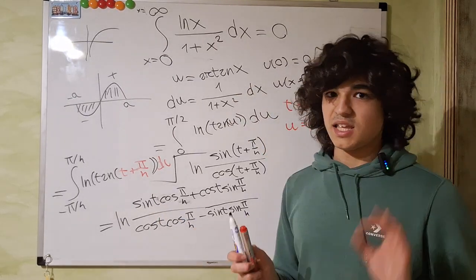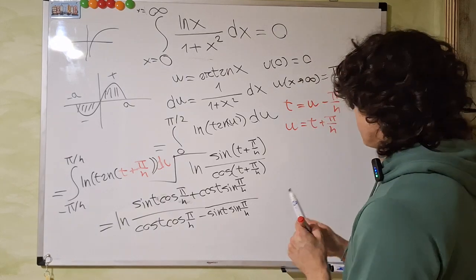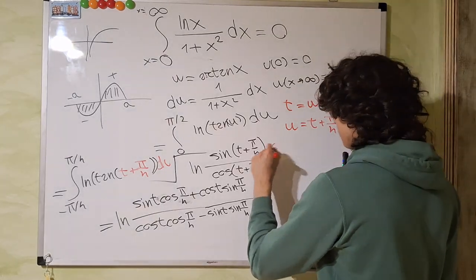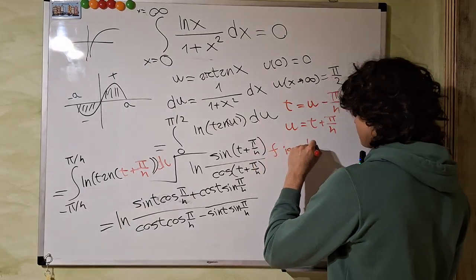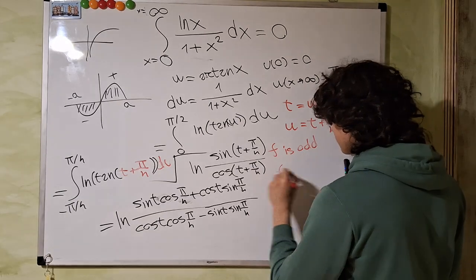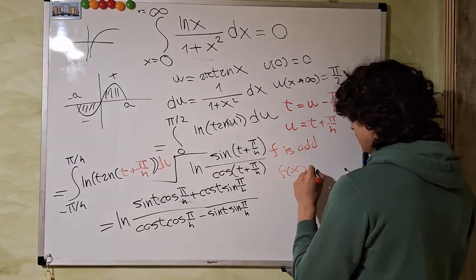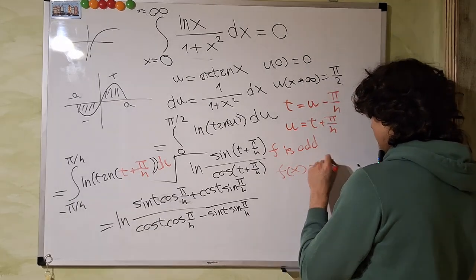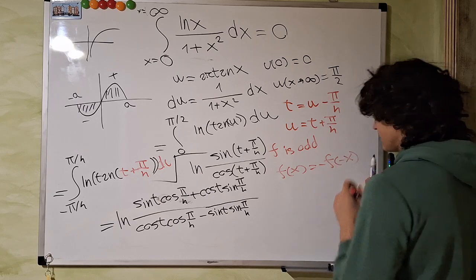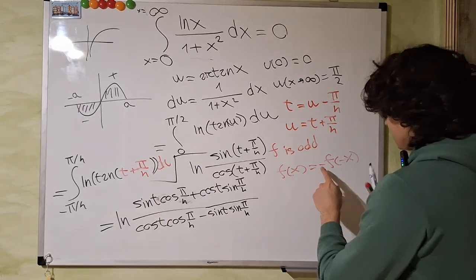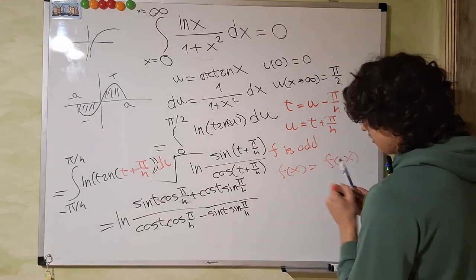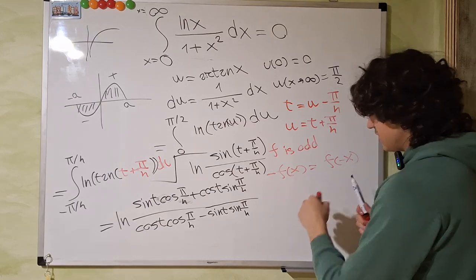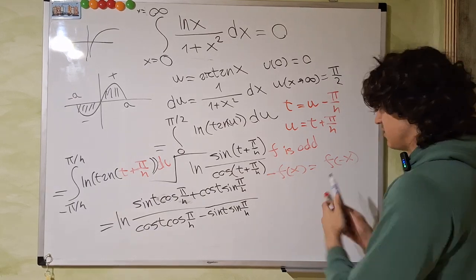What happens if we replace x by minus x? A function f is odd if f of x equals minus f of minus x, and also f of minus x, of course, equals minus f of x. You just bring the sign to the other side.